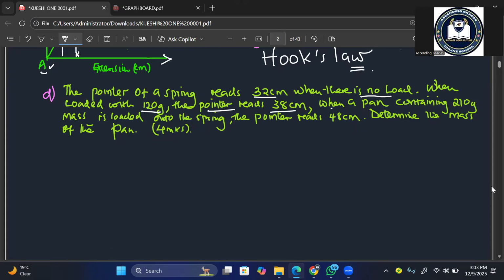When a pan containing 210 grams mass is loaded onto the spring, the pointer reads 48 centimeters. Then you have to determine the mass of the pan.